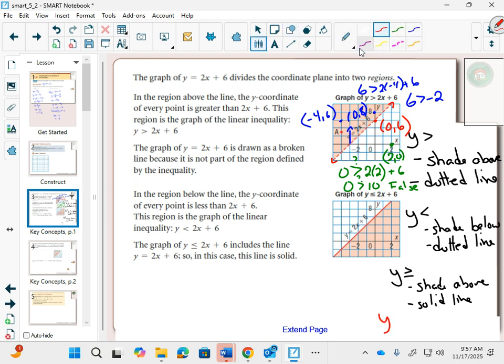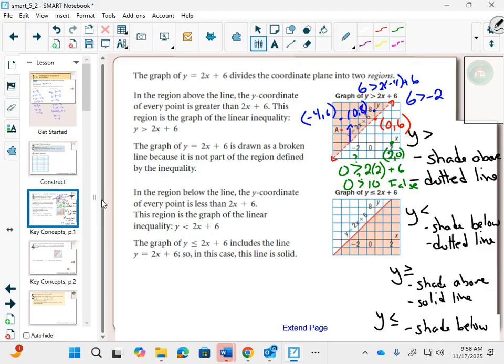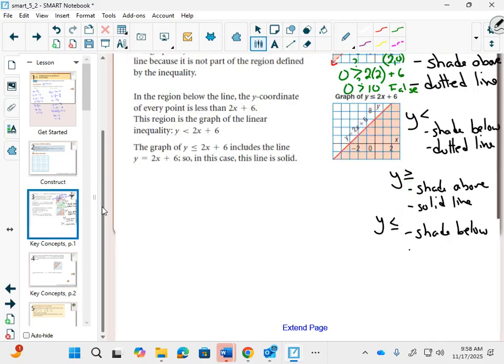And for y less than or equal to, we will still shade below, but now have a solid line.